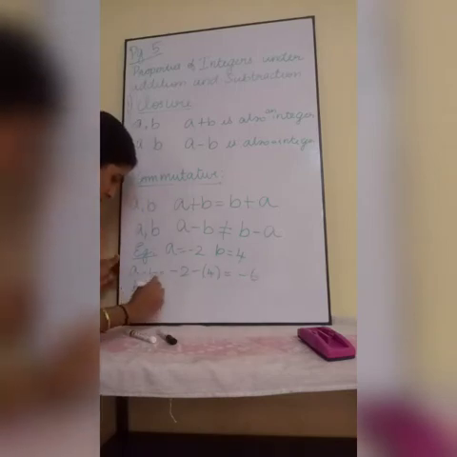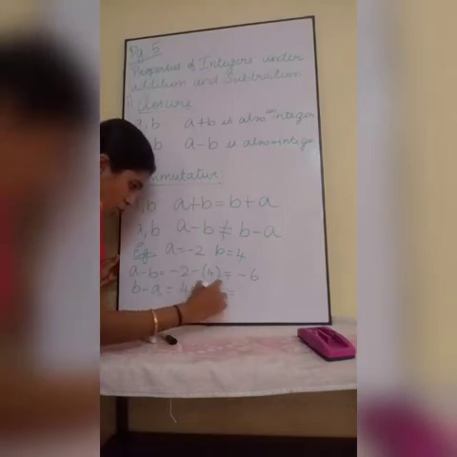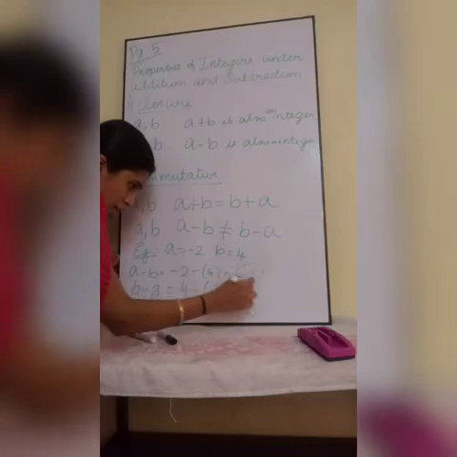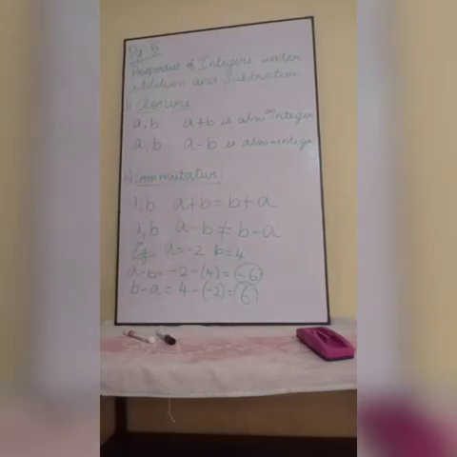Then b minus a: 4 minus of minus 2, so 4 plus 2, 6. Here minus 6, here plus 6, so both are not the same. Therefore, a minus b is not equal to b minus a.